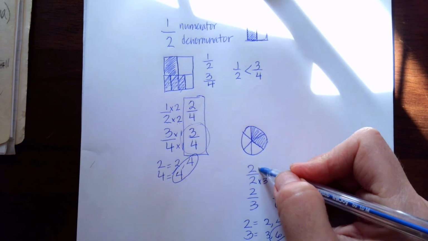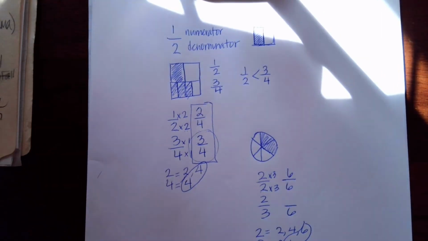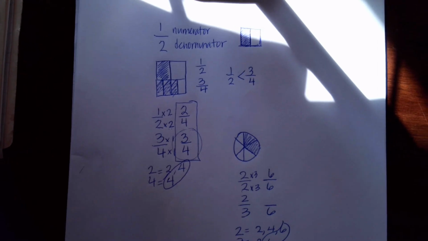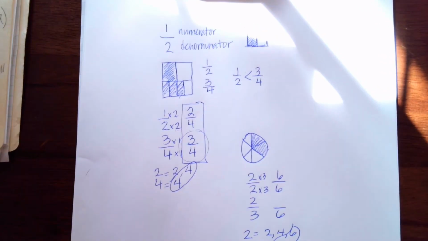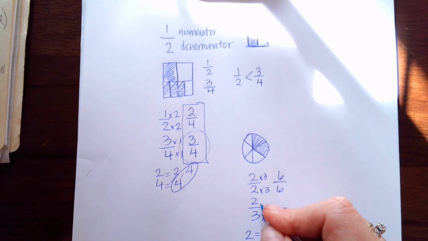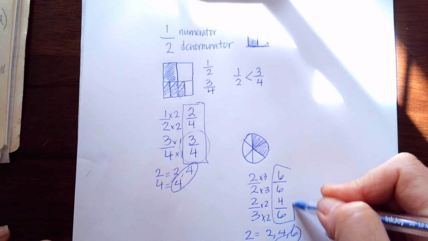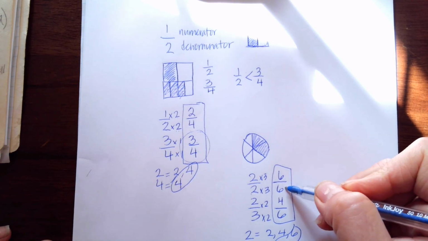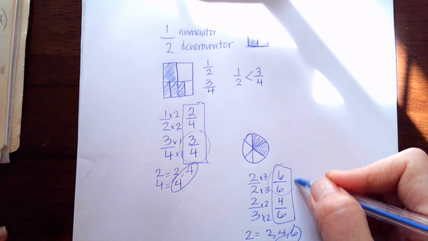So then I multiply this by 3. And it becomes 2 times 3 is 6. And then in math, I can't just change this 3 to a 6. So what would I have to do? I would multiply it by 2. And anything I do to the bottom, I do to the top. And then we could see very easily which is the bigger number, 6/6 or 4/6. This is the bigger number.